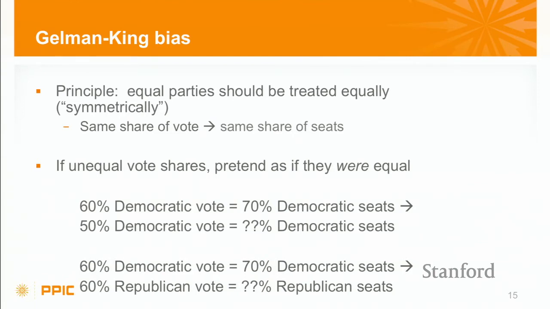Do they also win the same vote share or seat share that the Democrats did when they had 60% of the vote? And there's a variety of versions of this. The most common, I think, is just seeing what happens at 50%. You can also, if you think about sort of shifting this distribution of districts around and seeing how many seats flip as a result, you can actually plot that out.